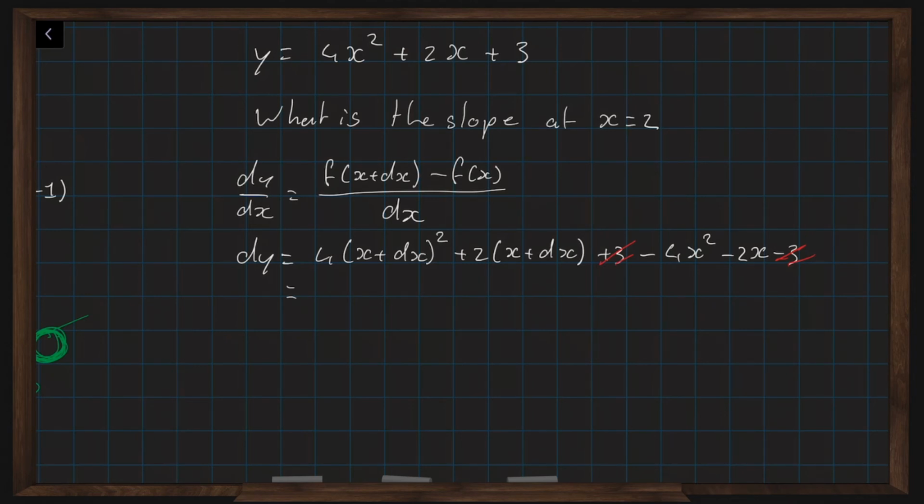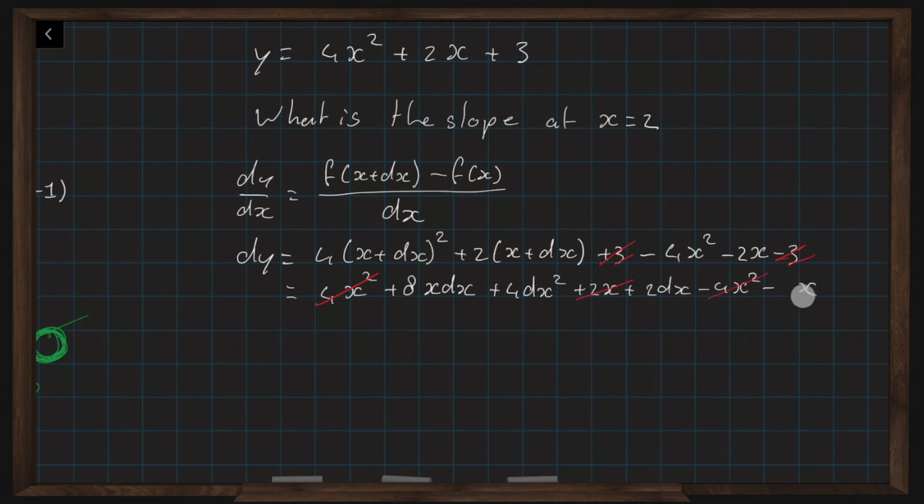So that is equal to 4 times x squared plus 8 times x dx plus 4 times dx squared plus 2 times x plus 2 times dx minus 4x squared minus 2x. All right, and we just straight away cancel these ones out and that one.